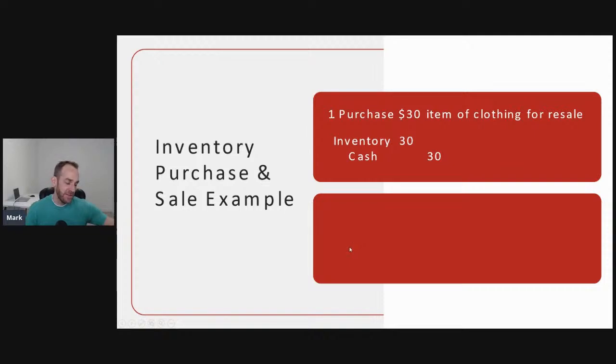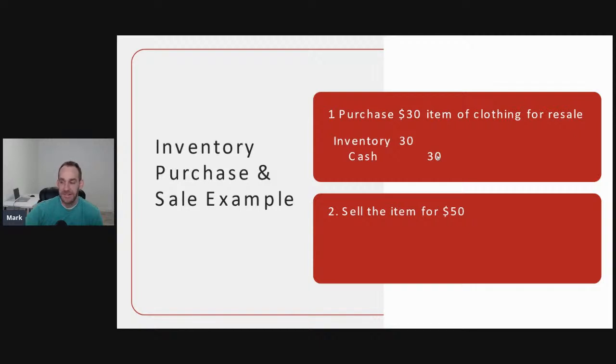And if you use QuickBooks or some type of full service accounting software, you might run into having to do a journal entry. So there's two sides to every transaction. There's a debit and a credit. The inventory is debited for 30 and the cash is decreased, or credited, for 30 when you made that original purchase.